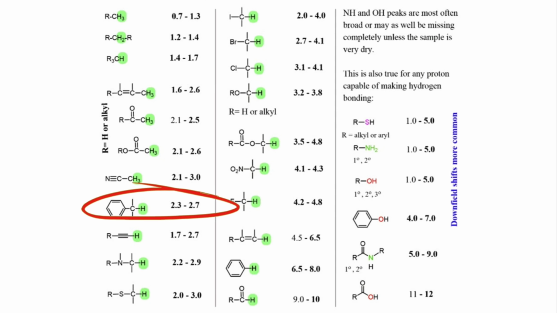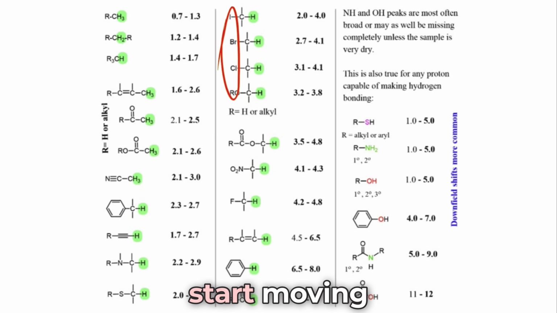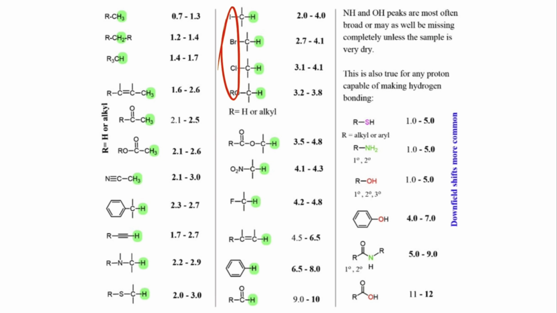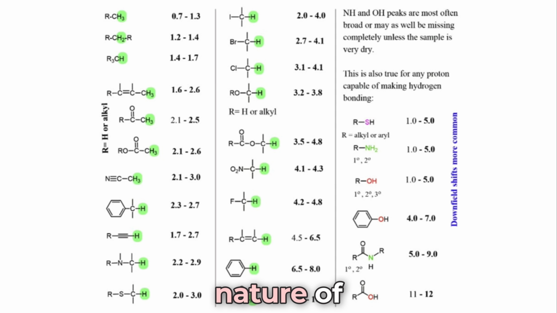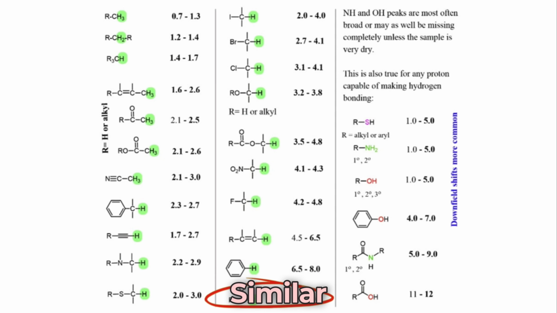If we start attaching electronegative elements to the methyl, like bromine or chlorine, it will start moving further towards downfield because of the electronegative nature of these halogens. Any aromatic ring generally appears between 6.5 to 8, and aldehyde or acid between 9 to 10.